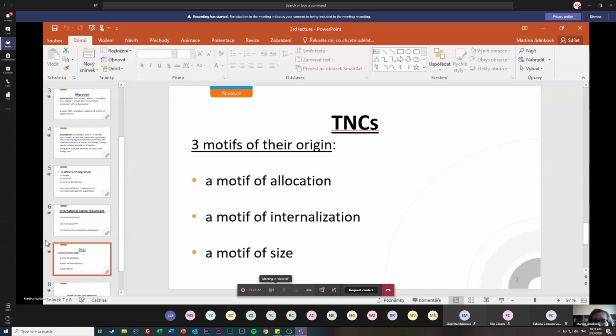I would go to the third motive first. The third motive is the motive of size, because these are very big companies, and because of size, they have a lot of advantages. For example, the approach of banks giving them loans, as they have a lot of money to invest into research and development.